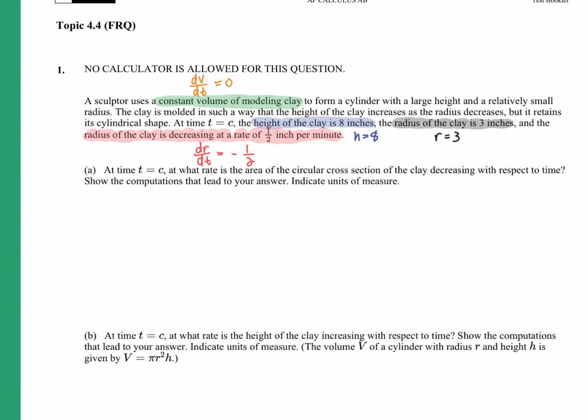So at time t equals c, for part A, they say at what rate is the area of the circular cross-section of the clay decreasing with respect to time? Show your computations that lead to your answer. Indicate units of measure. Okay, so let's draw a picture.